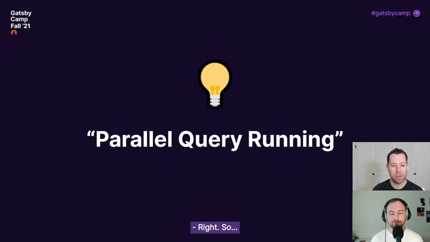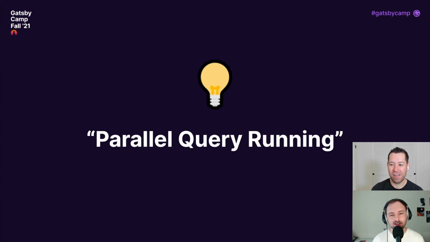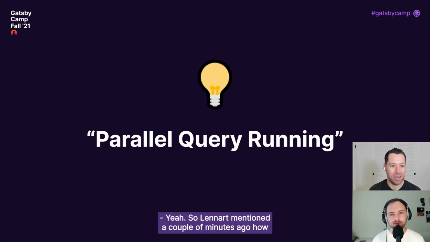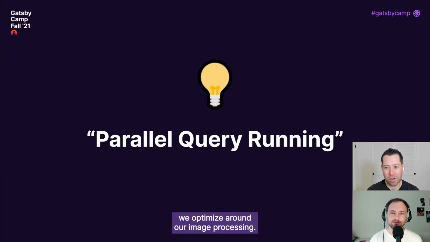That's really where parallel query running comes in. Do you want to walk us through how we thought about that? Lennart mentioned a couple of minutes ago how we optimized around our image processing.